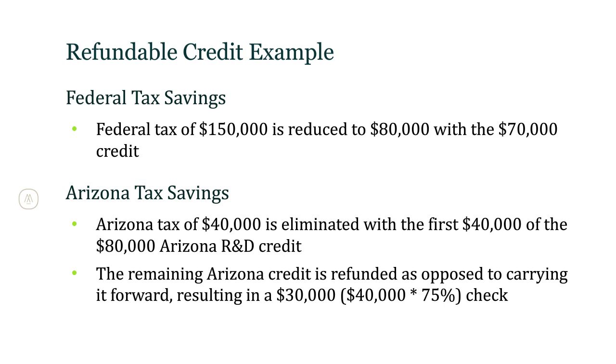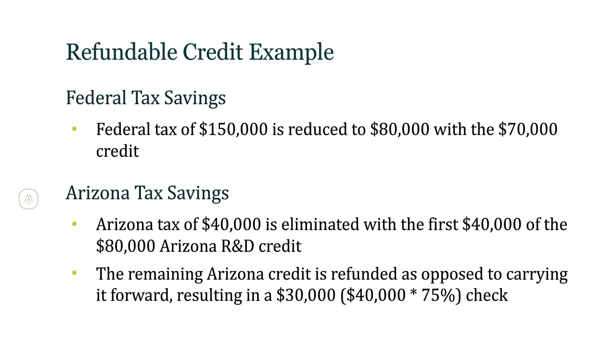This is assuming there are no AMT issues. On the Arizona side, $40,000 of that Arizona tax is eliminated with the first $40,000 of the $80,000 Arizona credit. So you're eliminating your $40,000 tax, and then you've still got $40,000 in excess of that.